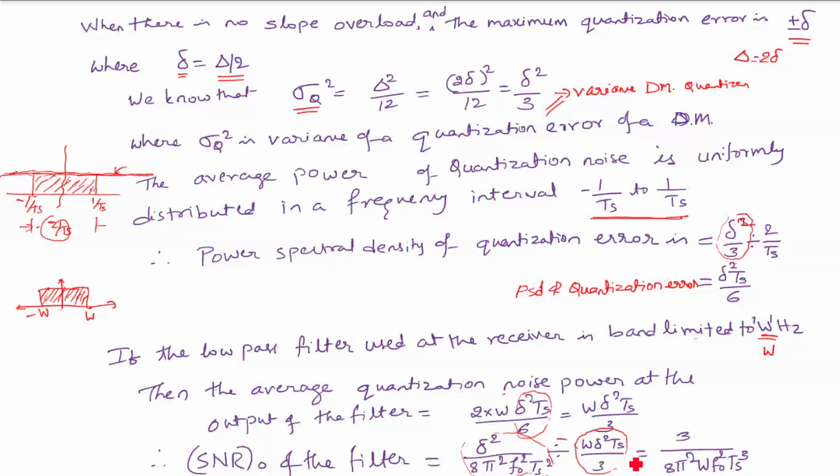If I simplify, delta square gets cancelled. The step size does not exist. I'll get 3 divided by 8 pi square W F naught square into Ts cube.